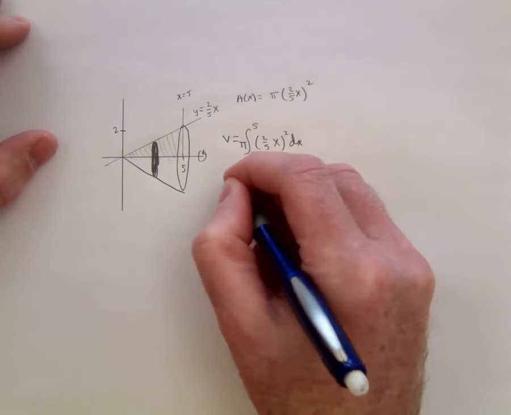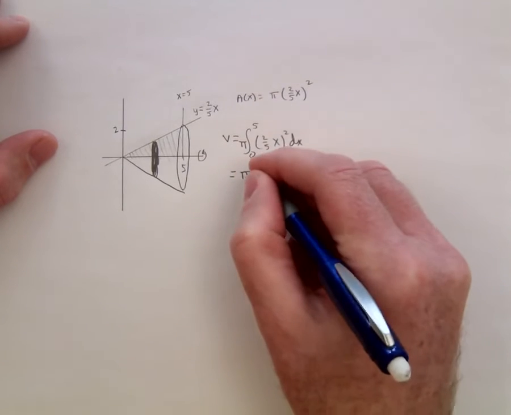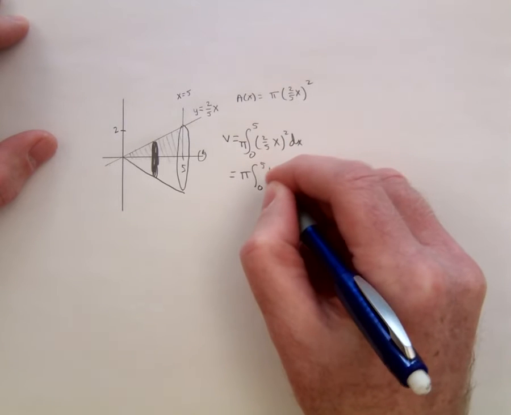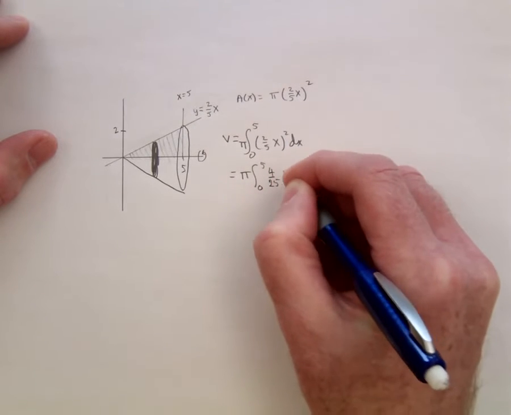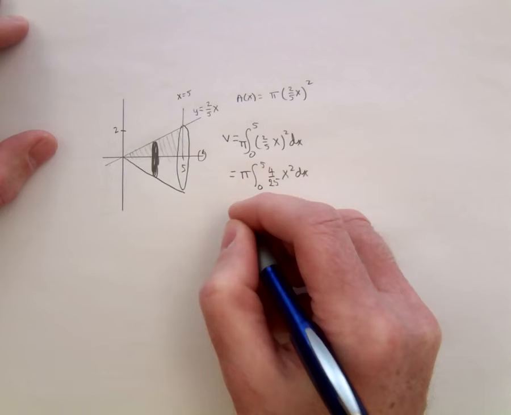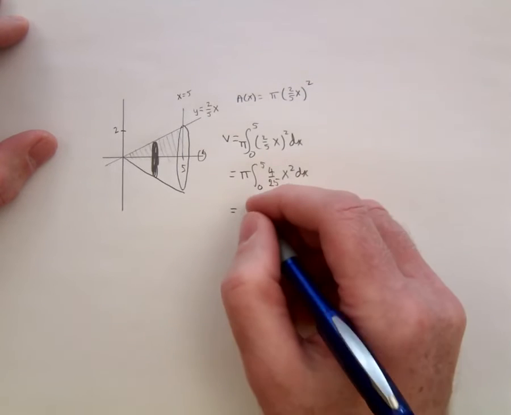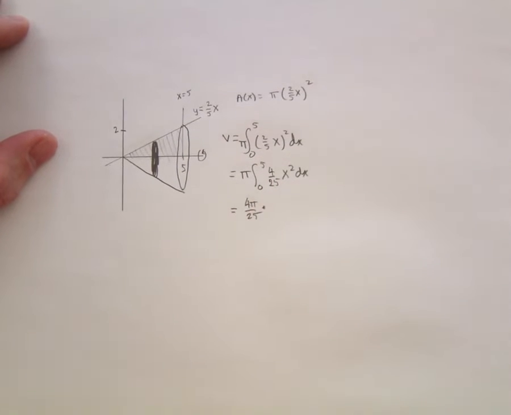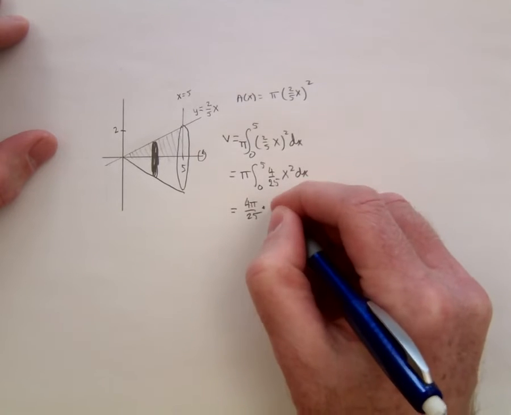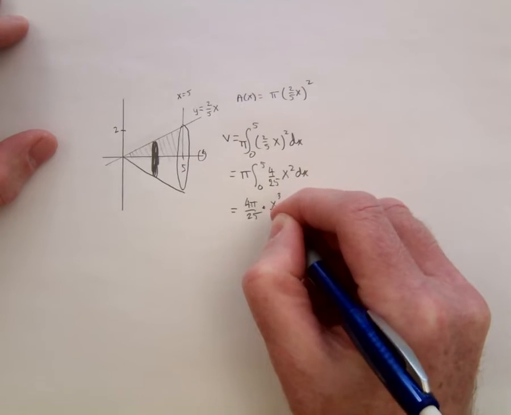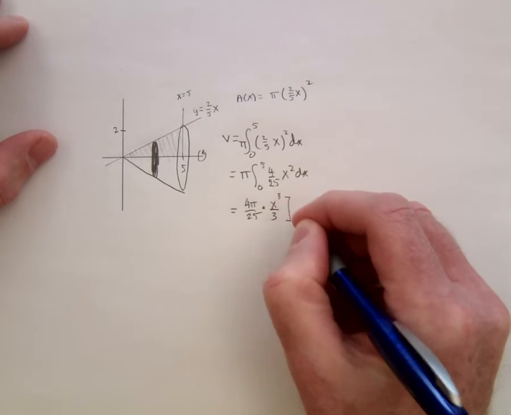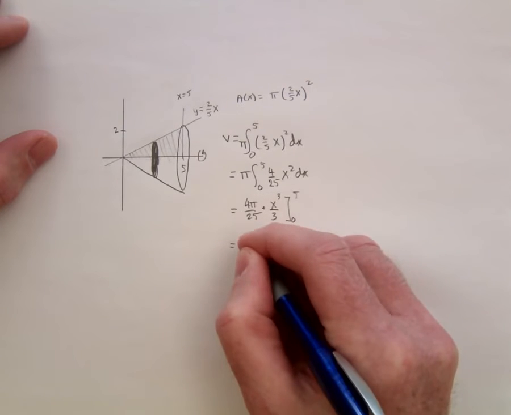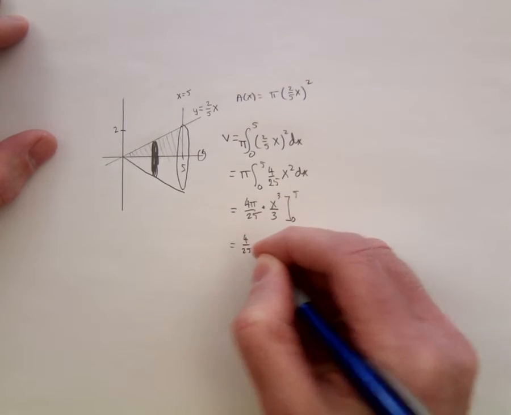I'll maybe tidy that slightly. So we have pi integral 0 to 5. This is going to be 4/25 x squared dx. 4/25 can come outside. I've got 4 pi over 25. If you antidifferentiate the x squared, I get x cubed over 3 from 0 to 5, and it's still our 4/25.